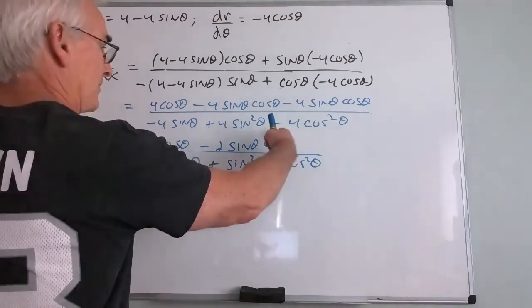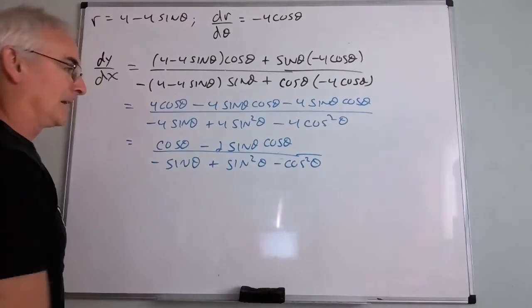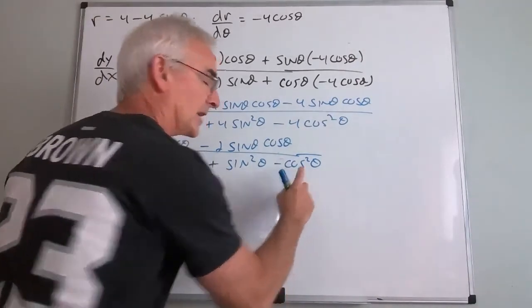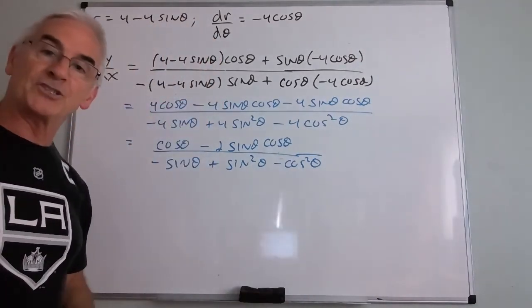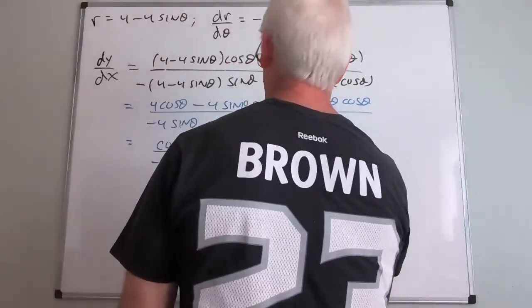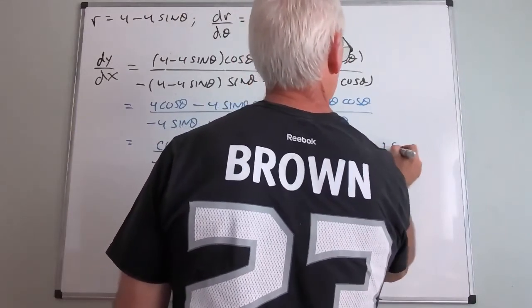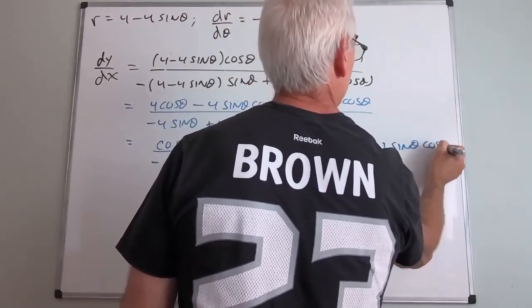Now you notice I can clearly factor a cosine out of the top, but the bottom I can't. What if I change that to sine squared? So what if I change my cos squared to 1 minus sine squared? If I do that, then the top is cos theta minus 2 sine theta cos theta.